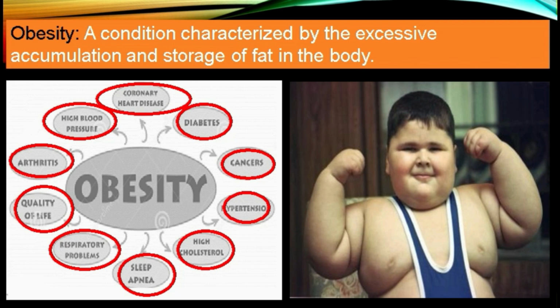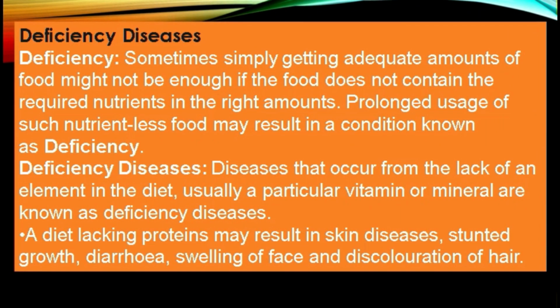Now moving on towards the next slide. Students, now in this section you will learn what deficiency diseases are and what the causes of deficiency diseases are. Students, sometimes getting an adequate amount of food might not be enough if the food doesn't contain the required nutrient in the right amount, and prolonged eating or usage of such nutrient-less food may result in a condition known as deficiency.